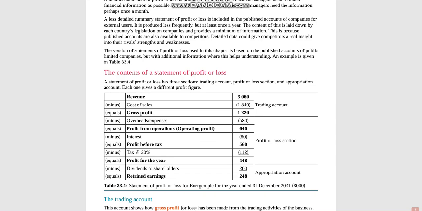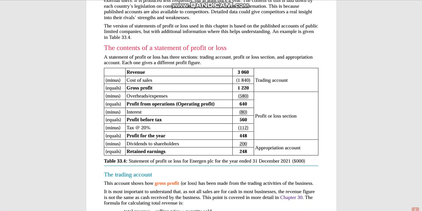So we're looking at this company right here, exactly in this position. So the revenue they've had is 3,060, let's say. The cost of sales, the total cost that it had to make that revenue was 1,840. So what is the gross profit? We subtract the cost of sales from revenue, and we get the gross profit.